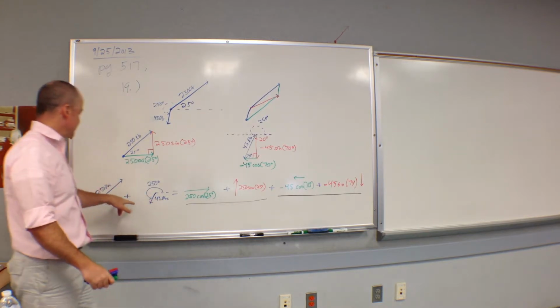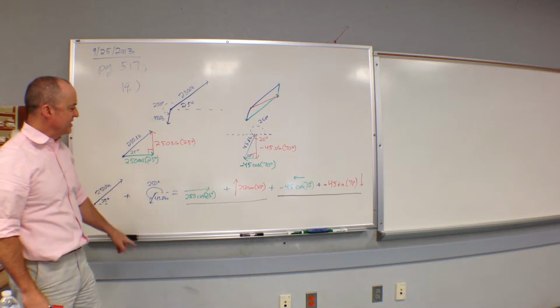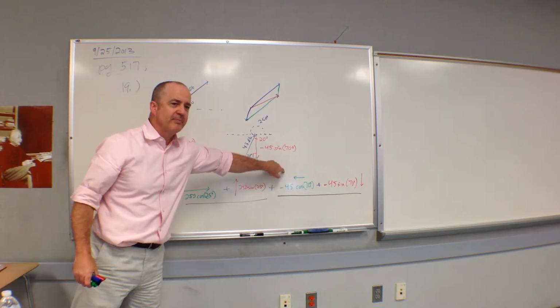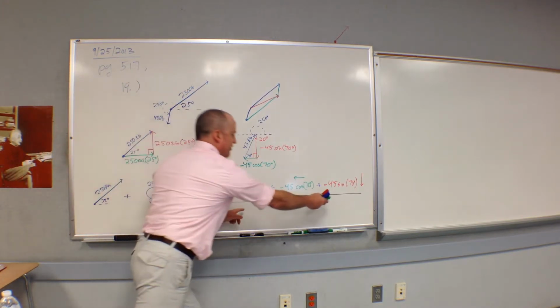And now we've taken this two-dimensional problem and broken it down into two one-dimensional problems, a horizontal dimension and a vertical dimension.